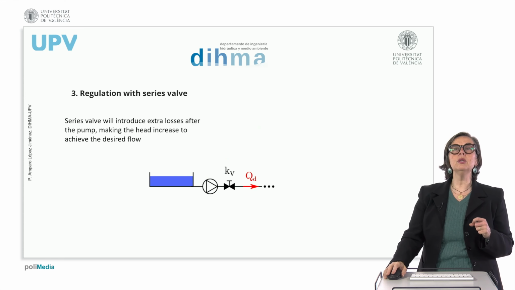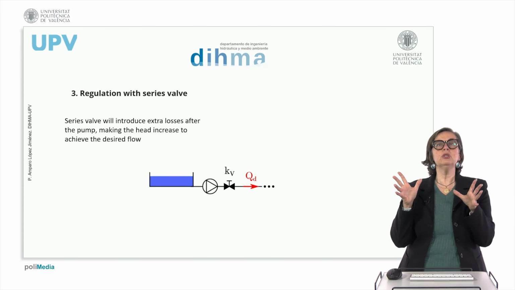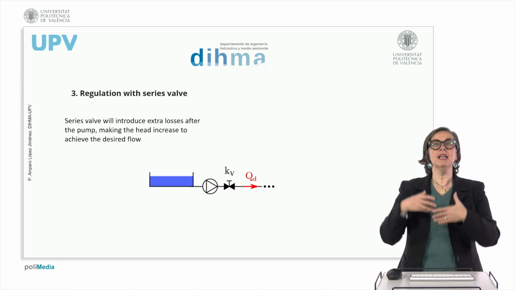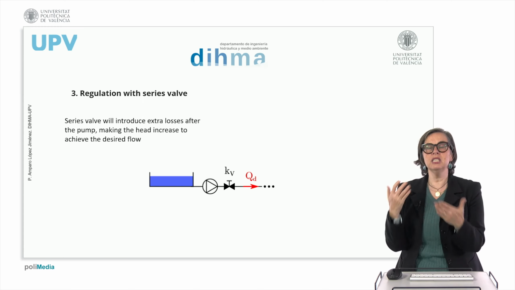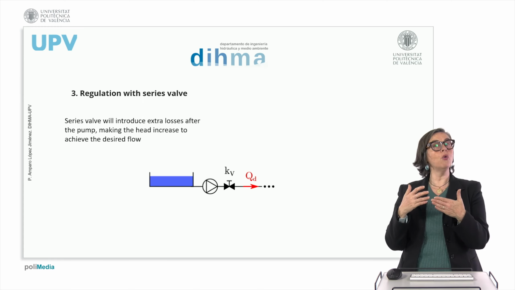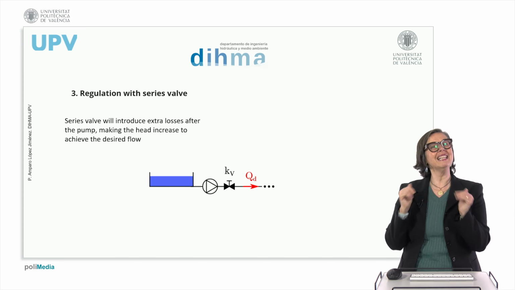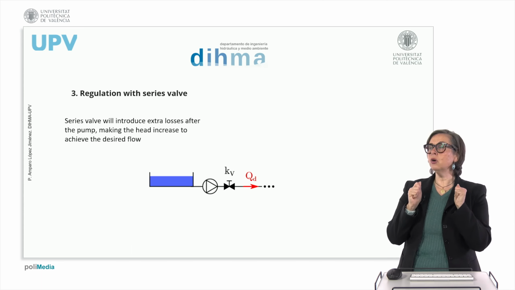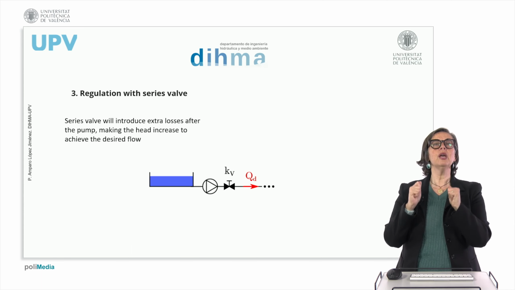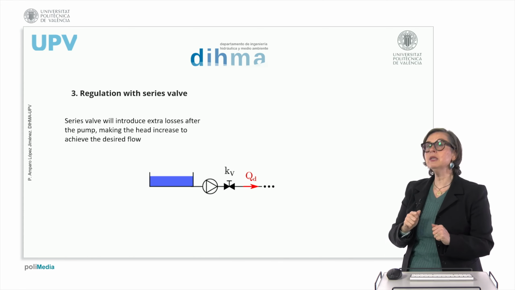So how can we do this? We can do this by changing the facility, by changing the pipes, by changing the heads, and so on. But this is not easy to do in a real system because we have to change the network completely. So easier to do is to implement valves across the system.